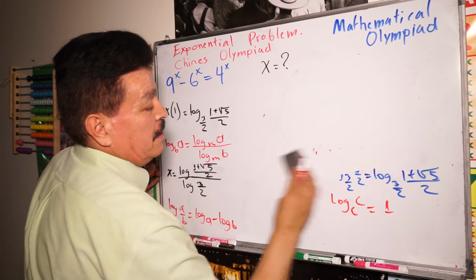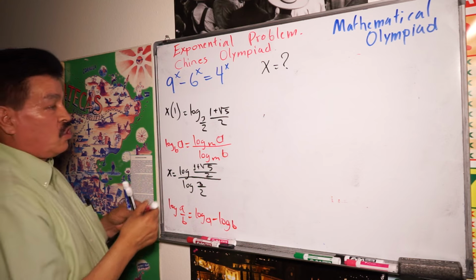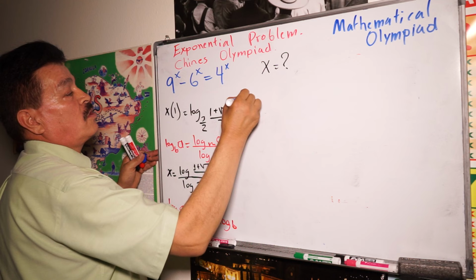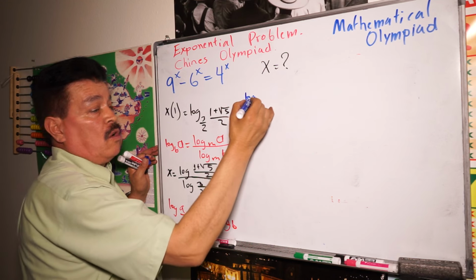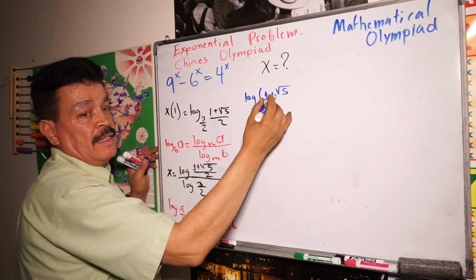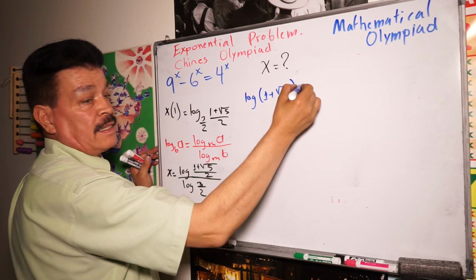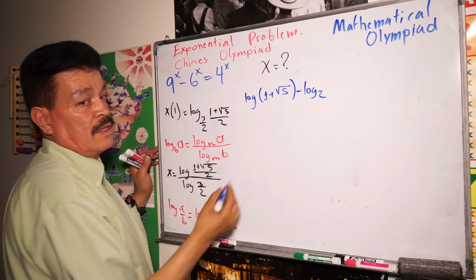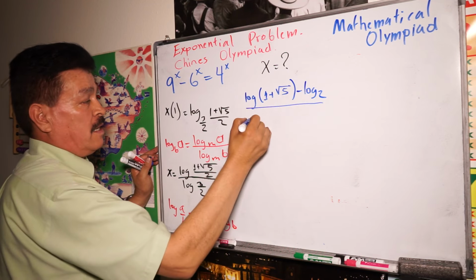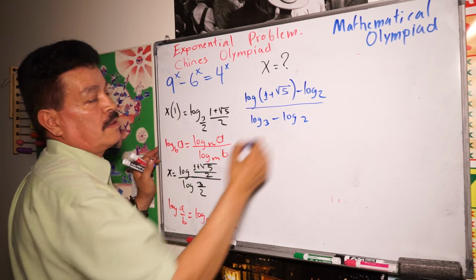All right. Let's erase it here. All right, we are here now. Just write it right here. x is going to be log of 1 plus square root 5, minus log 2, over log 3 minus log 2.